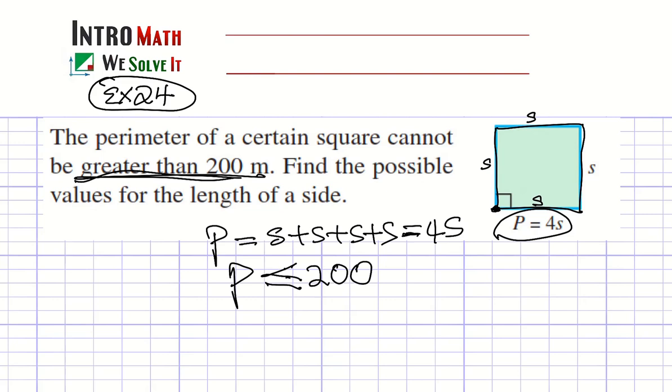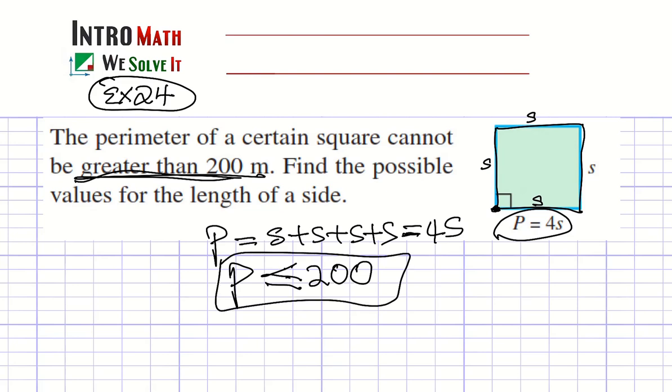It cannot be greater than. So it can only be 200, but it can be less. That's all that is saying. He's saying it can be 200 or it can be less. That's what that represents right there.